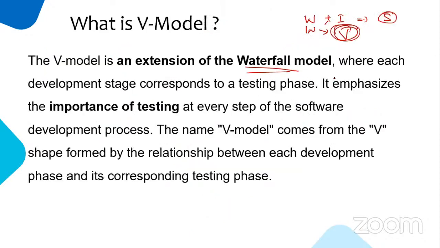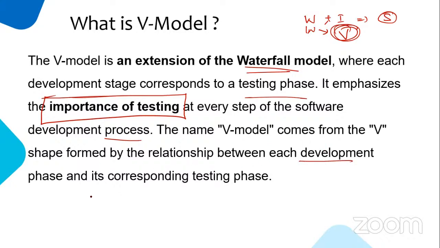It is an extension of the waterfall model where each development stage corresponds to a testing phase. It gives importance to testing at every step of the software development process. So whenever the development team is involved, for every discussion the testing team will also be involved. It forms a V shape through the relationship of each development phase and its corresponding testing phase.